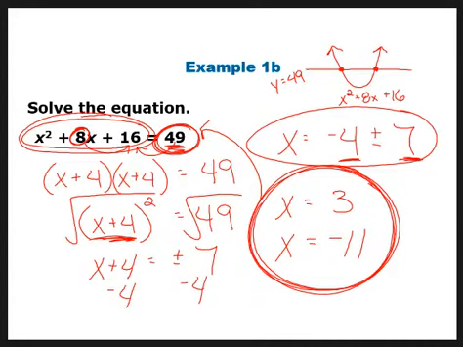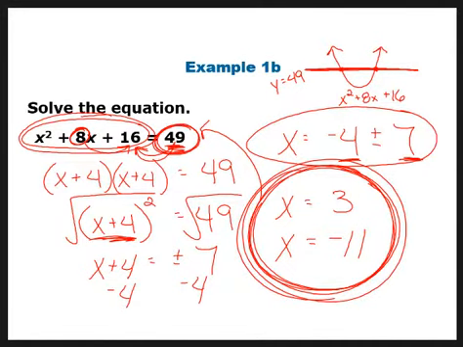We're crossing the horizontal line that is y equals positive 49. If we were to have subtracted the 49 back over there and set it equal to 0, then these points down here would represent where I'm crossing the x-axis, just like before. So same idea, but it's a little different if it's set equal to 0 as opposed to set equal to some other number.